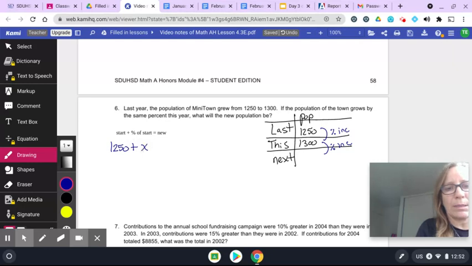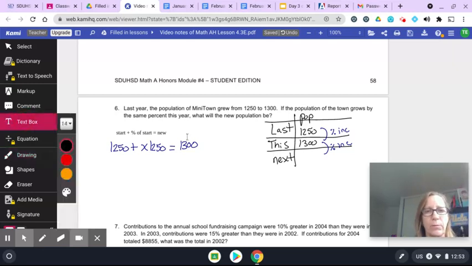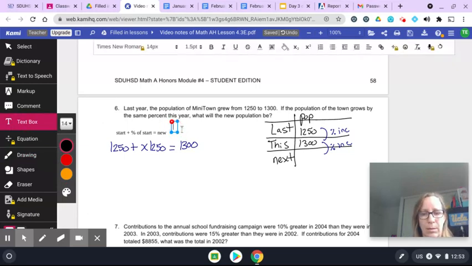So x times 1,250 gets me to my new, which is 1,300. So my x here is my percent in decimal form. Let x equal percent increase in decimal form.